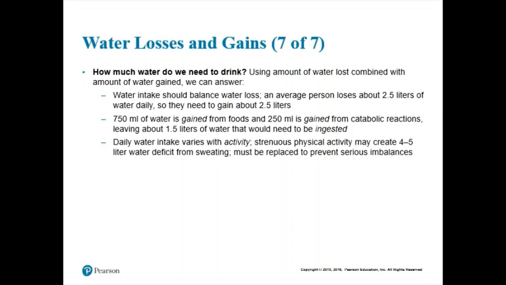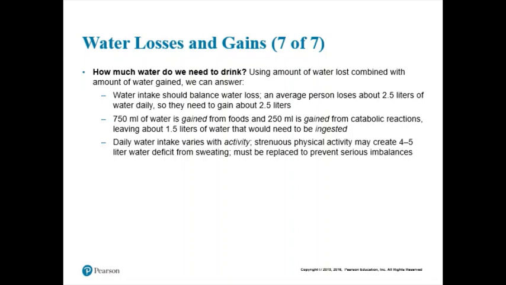Remember, in anatomy, we presume we know some averages. On average, a person typically loses about 2.5 liters of water. Think of all the ways you're going to lose it, not just peeing. You're going to lose it in your breath, and you breathe constantly every day. And you're going to lose it in things like your sweat. So on average, every day, a person loses about 2.5 liters of water.